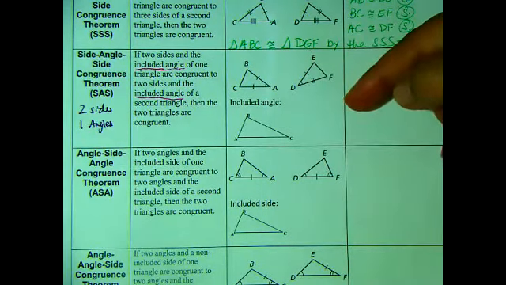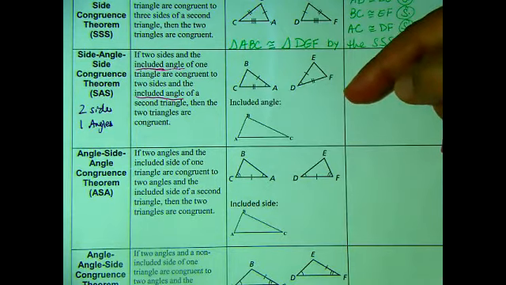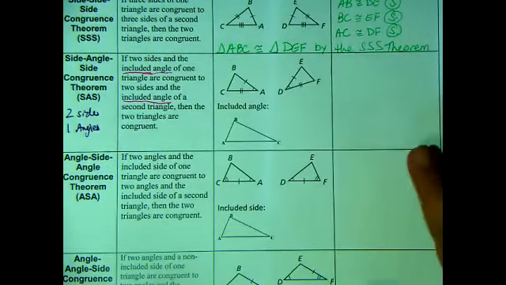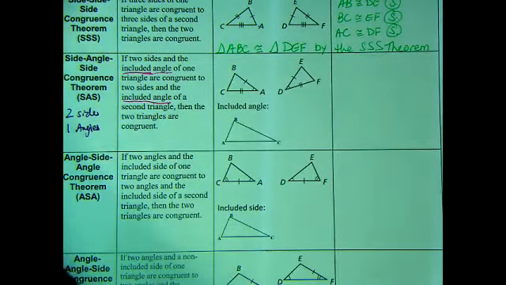So 2 sides and 1 included angle. Let's take a look here. I'm going to do this as clearly as I possibly can. We have 2 sides and we have 1 included angle.